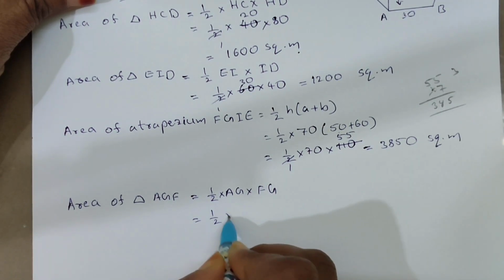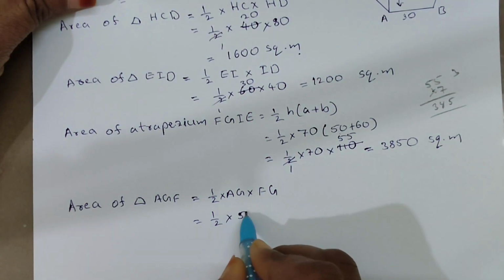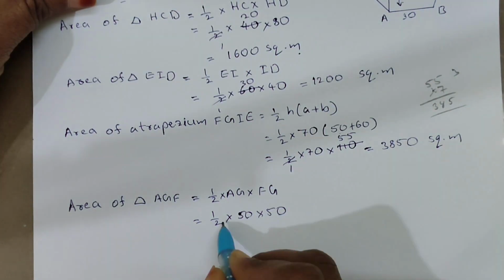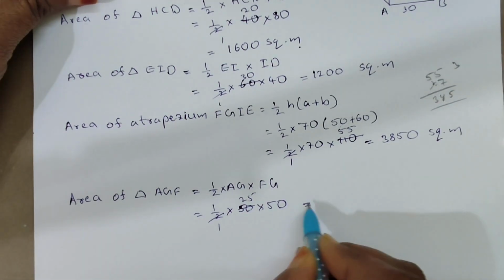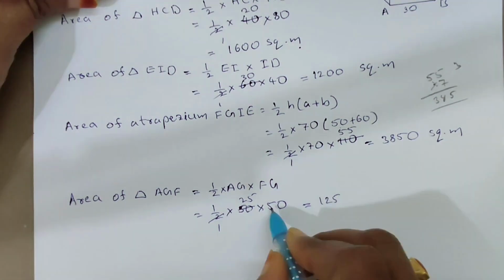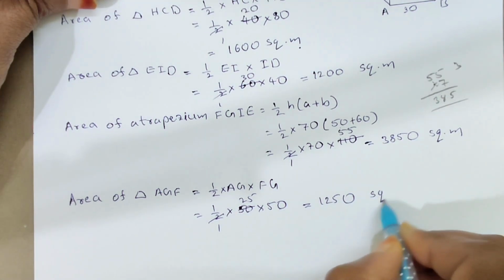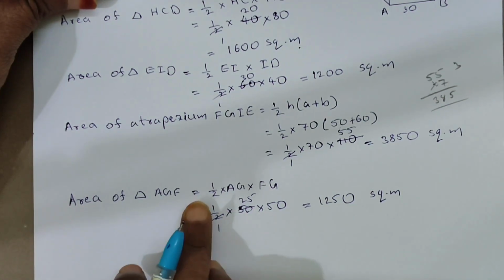Here AG is 50 and FG is 50. Half of 50 is 25, so 25 into 50 is 1250. We write 1250 square meters. So this is the area of triangle AGF.